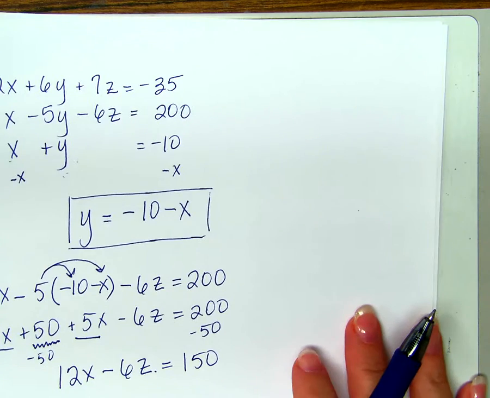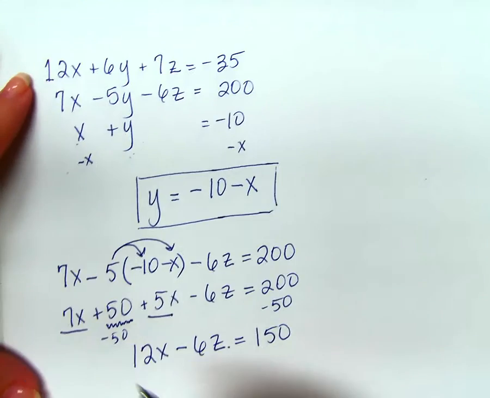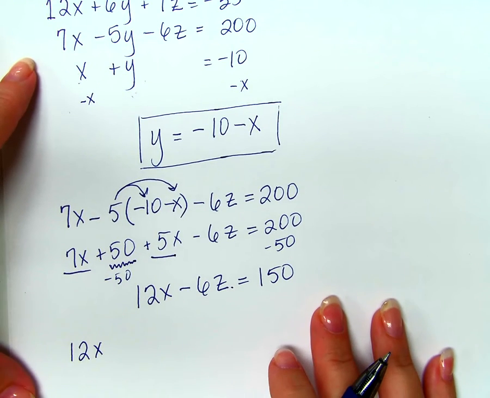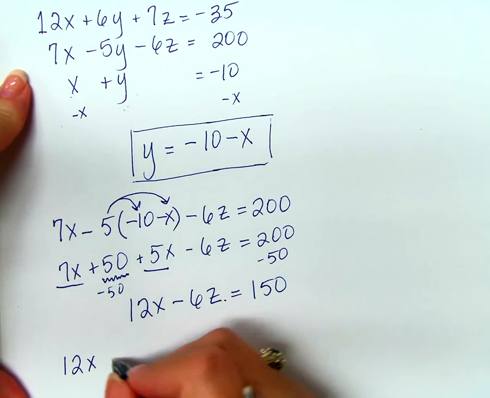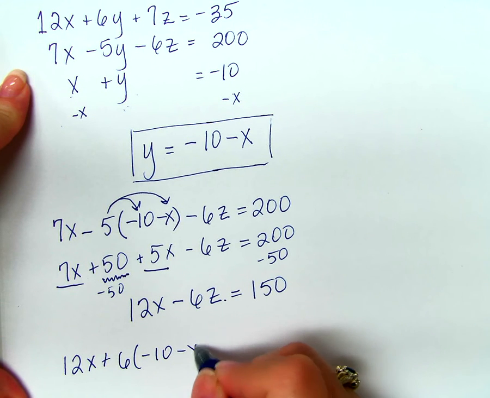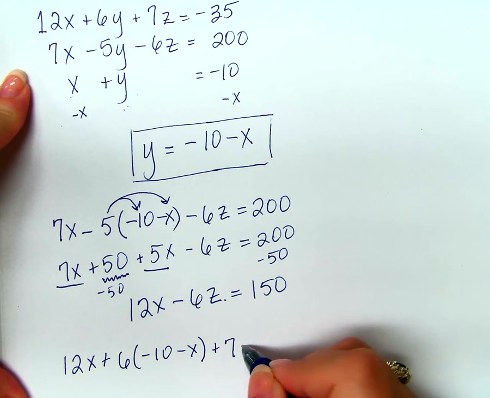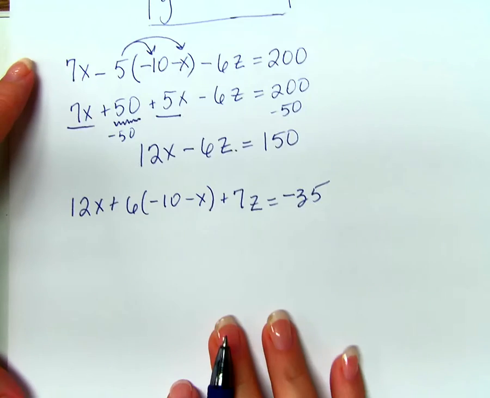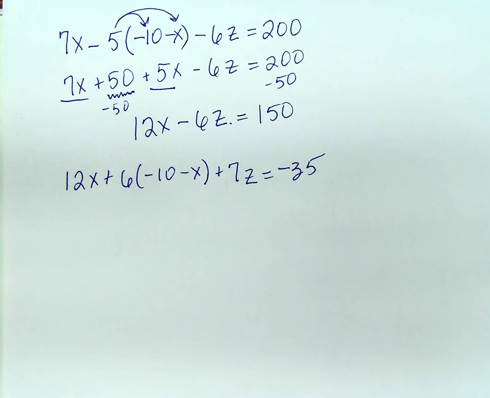Okay, so let's do it. 12x, oh you can't see, sorry about that. 12x plus 6 times y, which I know is negative 10 minus x, plus 7z equals negative 35. I'll scoot it up now. Did I get all my signs right? 12x, 6y, plus 7z equals negative 35. Okay.